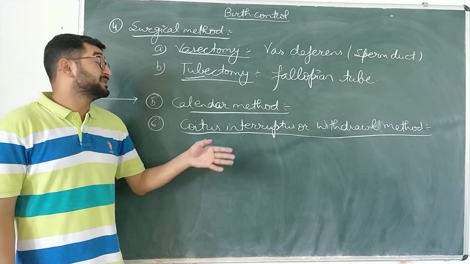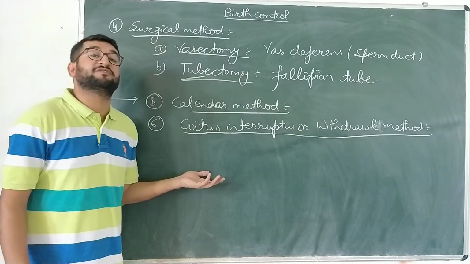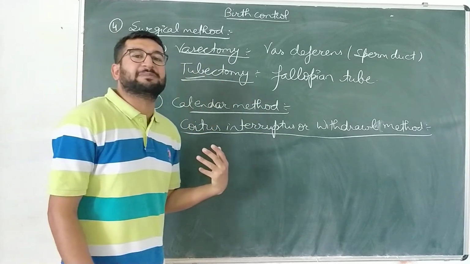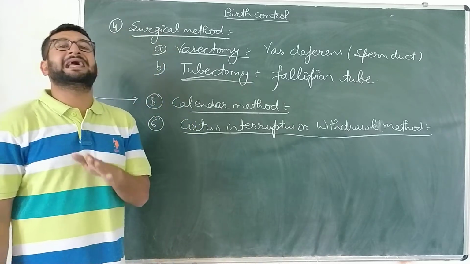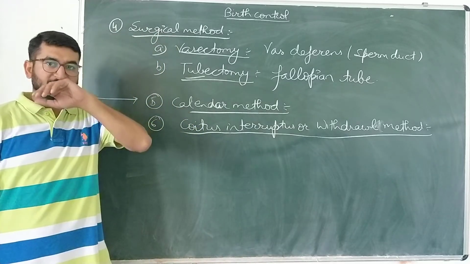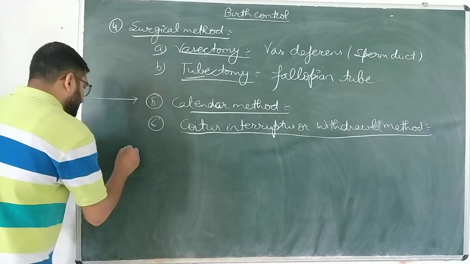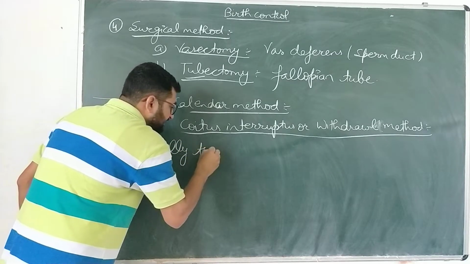Thus, the semen is not released, and fertilization can be prevented. So, these are the methods by which contraception can be achieved, by which the fertilization of male and female gamete can be prevented. After this, we'll discuss sexually transmitted diseases.